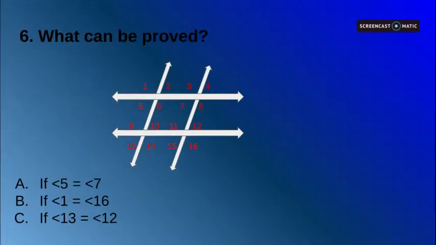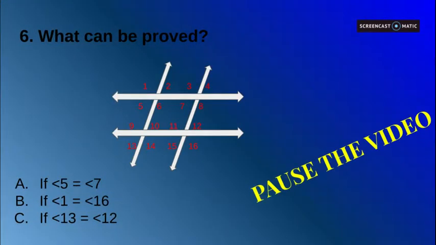What can be proved? Pause the video. What can be proved if angles 5 and 7 are equal? They are corresponding, so that means the lines that they are by are going to be parallel.